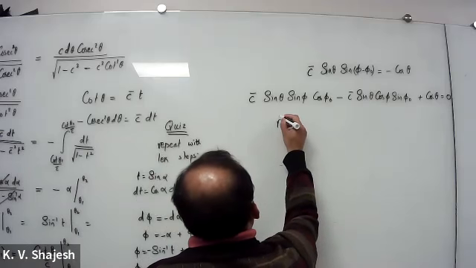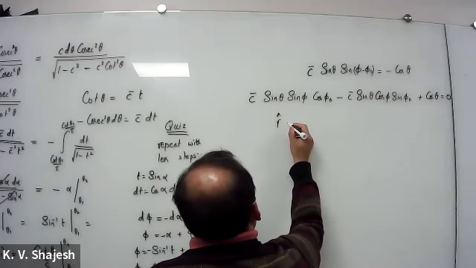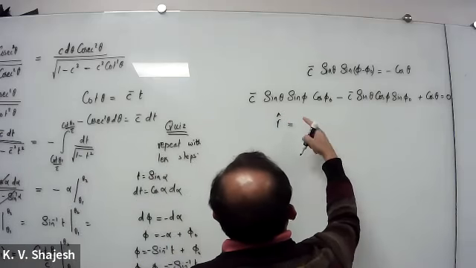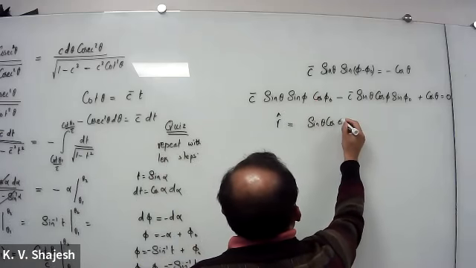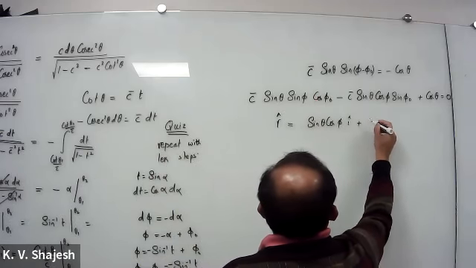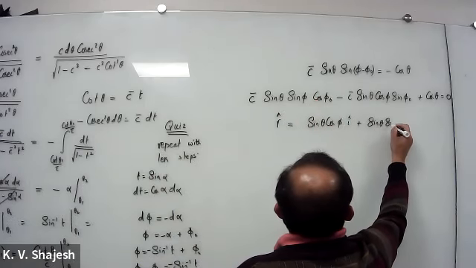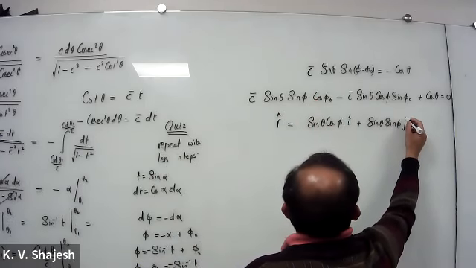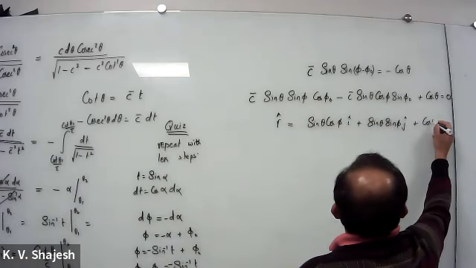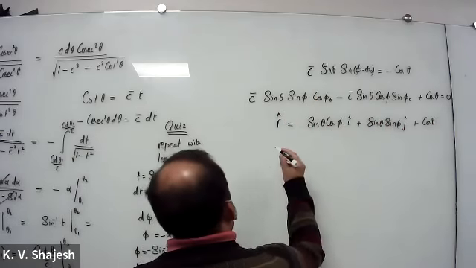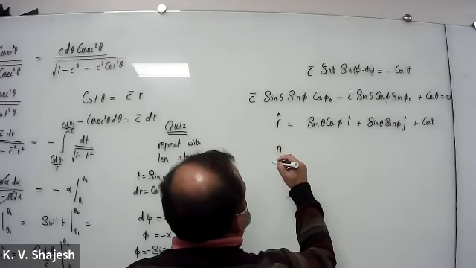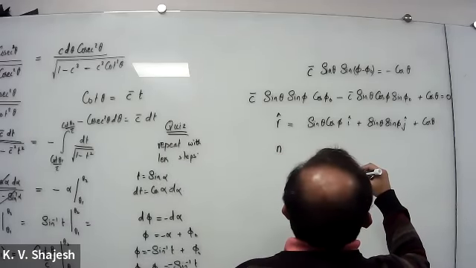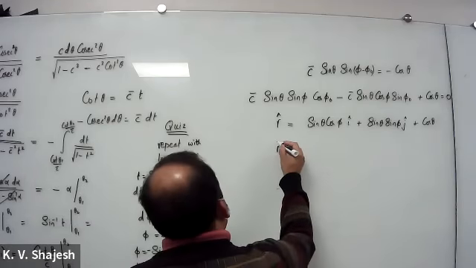Remember, I can think of a unit vector r̂ as sine theta cosine phi î plus sine theta sine phi ĵ plus cosine theta k̂. And let me define another vector, probably a unit vector, but I'm not sure. So let me say n.